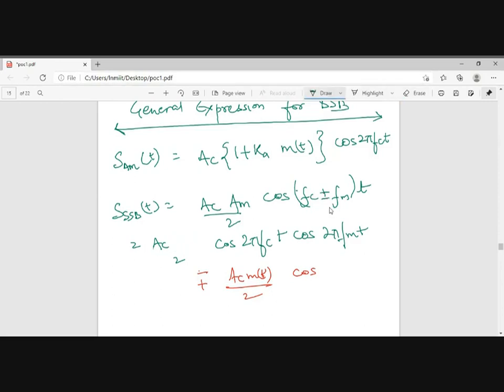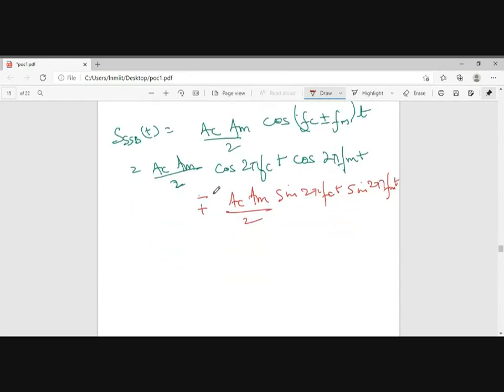So this will be Ac Am by 2 cos of 2 pi fct. Okay, Ac into this will be Ac Am by 2 sine of 2 pi fct sine of 2 pi fmt. ठीक है, Ac Am by 2 चेक कर लो एक बार, सही है ये?